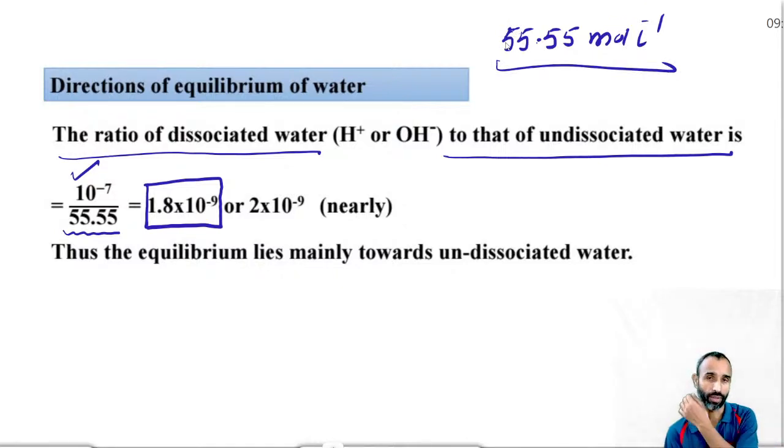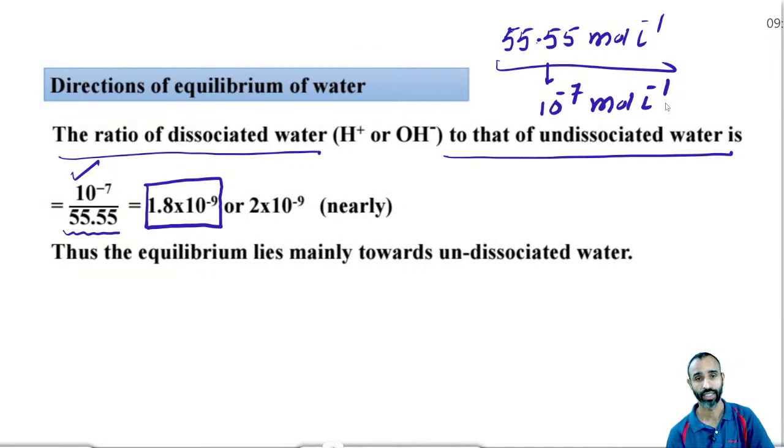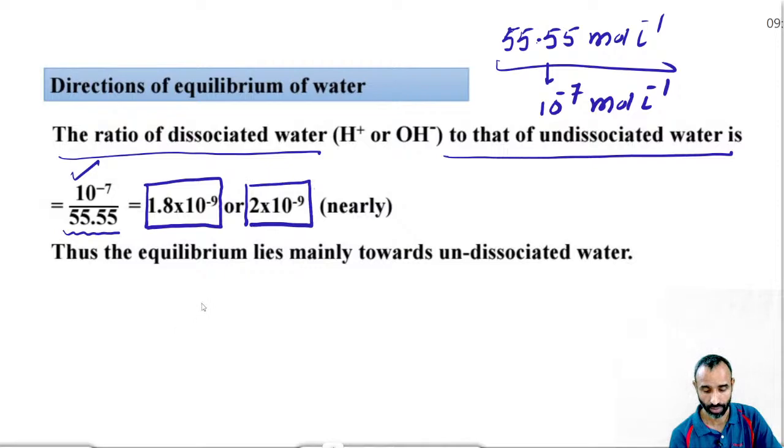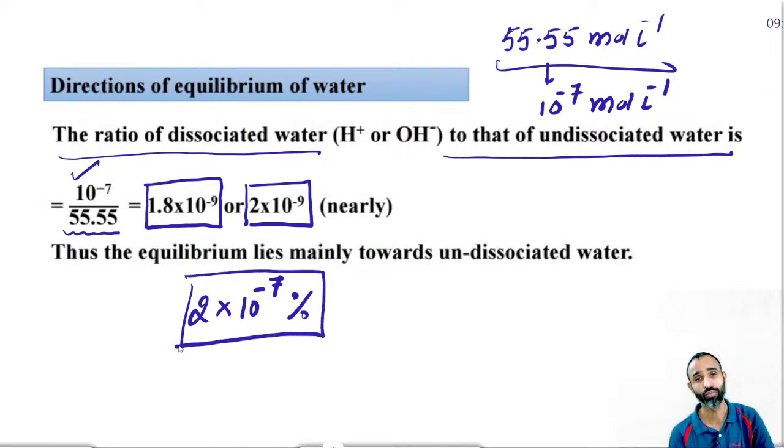H2O is 55.55 mole, out of which only 10 raised to power minus 7 mole per liter are dissociated, and that's why the ratio is 2 into 10 raised to power minus 7, or in terms of percentage, it is 2 into 10 raised to power minus 7%. So that means the equilibrium lies mainly to the undissociated water. That's why we say that water is a very weak electrolyte.